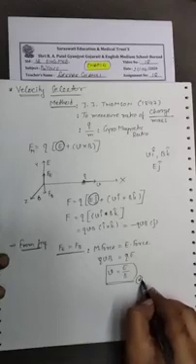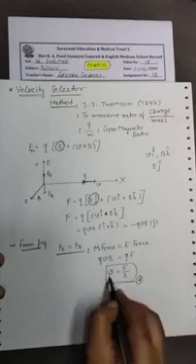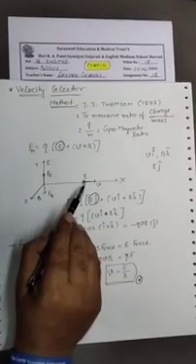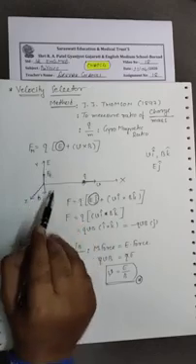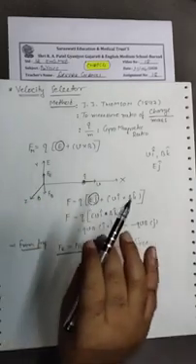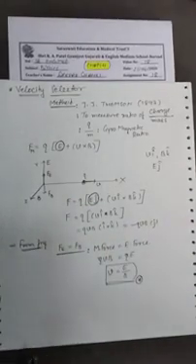From this equation, if you select the value of the velocity, then the charges move between the electric field and magnetic field without any deflection.